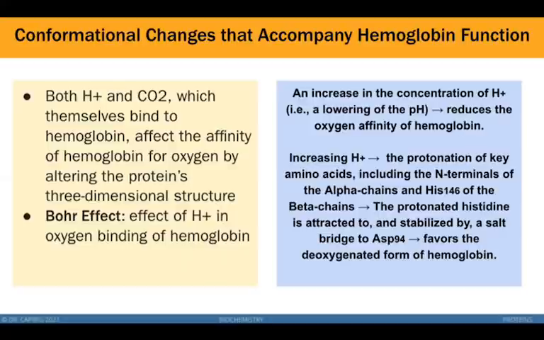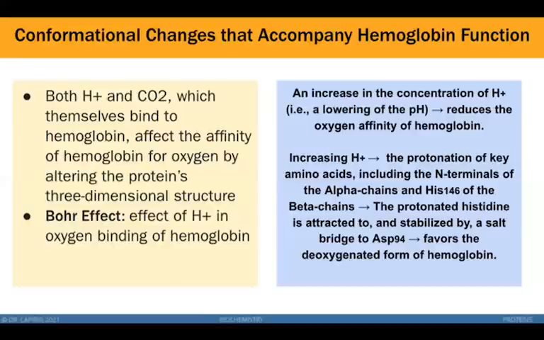That is why in regions of our body where there is low pH, for example, in exercising muscle cells, the pH at that region is usually low.